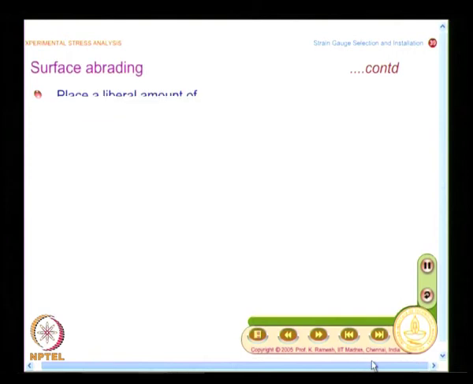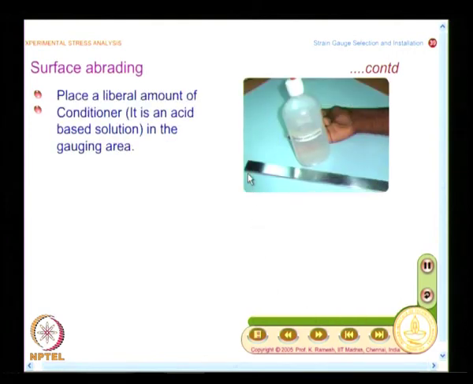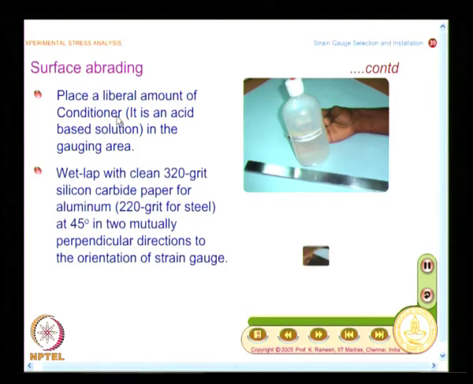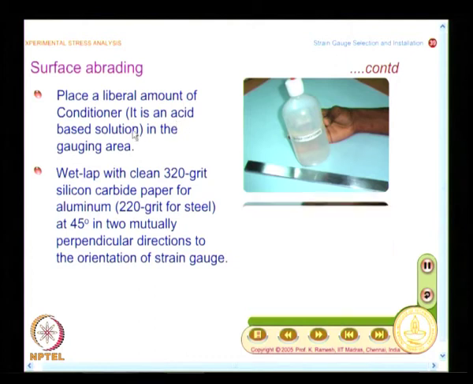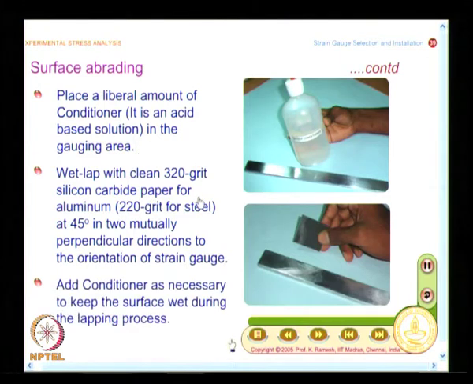And when you do this, you need to have a wet lapping process to be done. So, you need to put a liberal amount of conditioner, which is an acid based solution, in the gauging area. And here you are not testing your muscle power and go and rub the surface with full force, that is not what is anticipated.